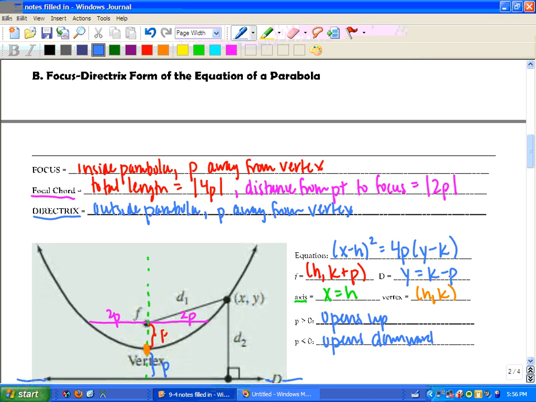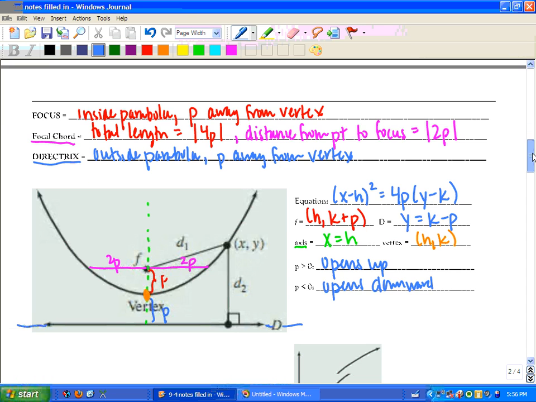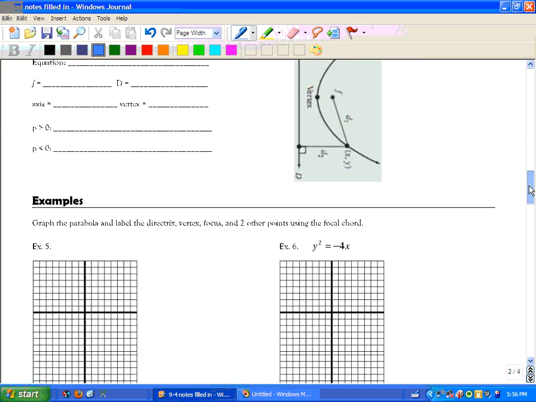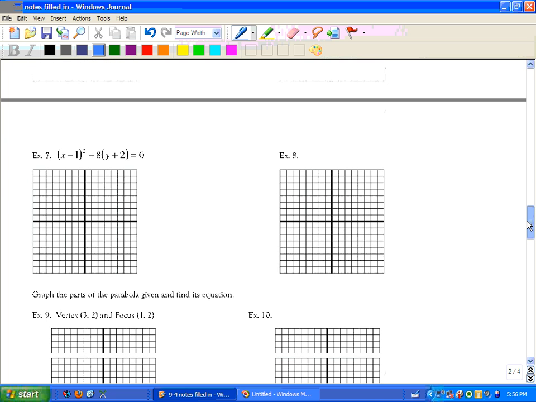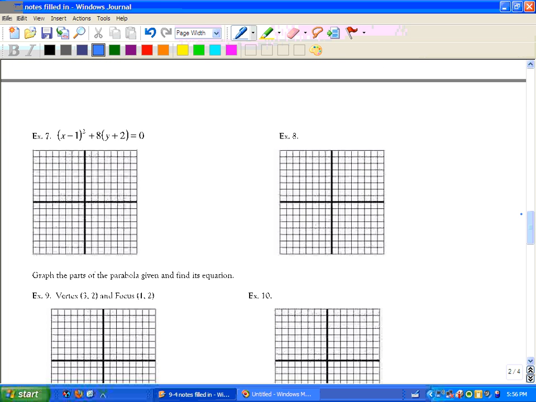If we scroll down, you're going to have to turn the page to get to example 7, which is an x squared parabola. If we put that in our standard form, it's going to be (x minus 1) squared equals negative 8 times (y plus 2). So we move the 8 times (y plus 2) over to the other side because you want the squared term by itself and then the constant term and the other variable on the other side.